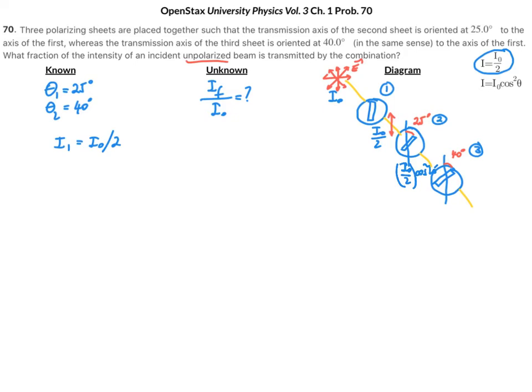Sorry about that. And then the orientation is going to be parallel to that of the polarizer. So this and that have the same orientation. So I write that I2 is the previous intensity, I1, cosine squared theta 1. So that is I0 divided by 2 cosine squared 25 degrees.